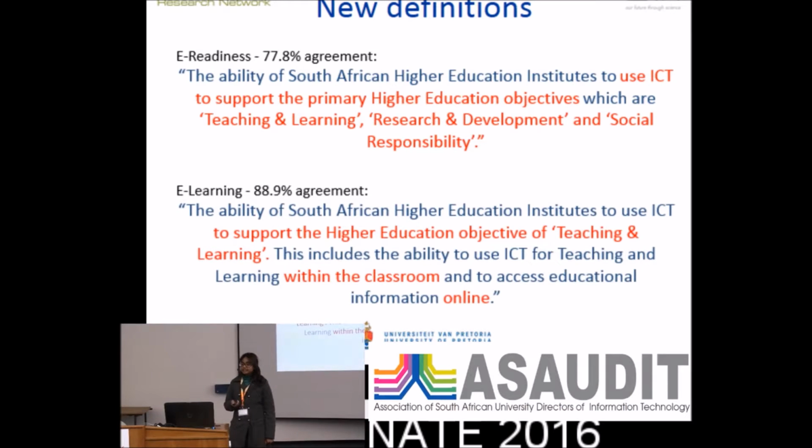Whereas e-learning is the ability of South African higher education institutes to use ICT to support the higher education objective of teaching and learning only. This includes the ability to use ICT for teaching and learning within the classroom and to access educational information online.